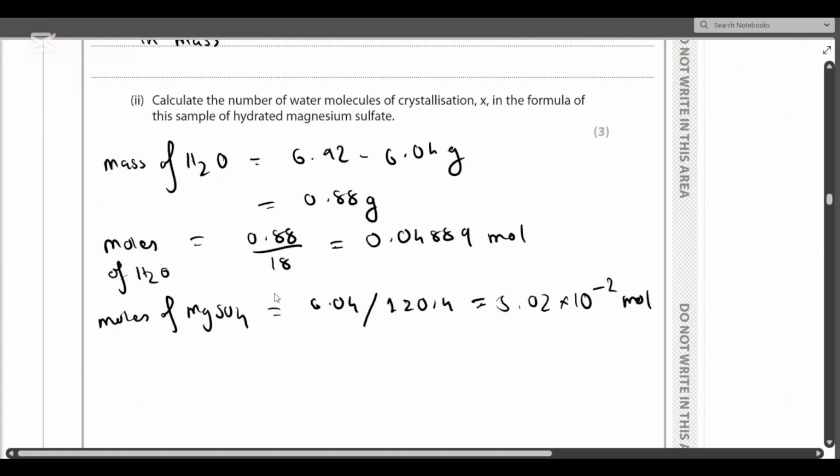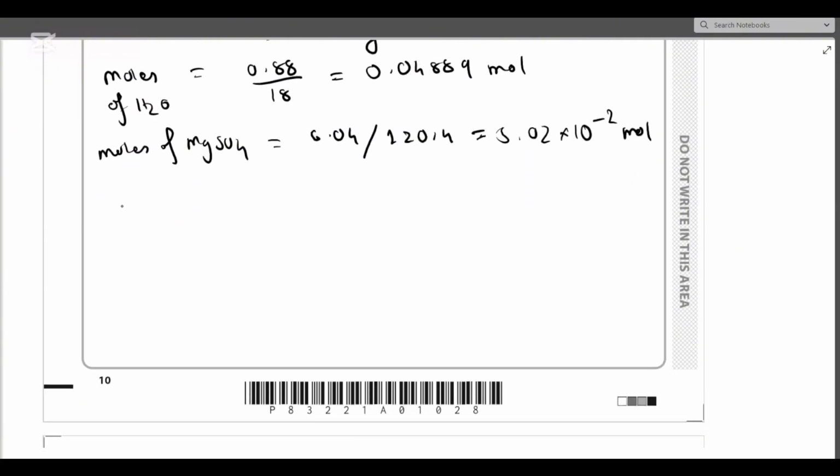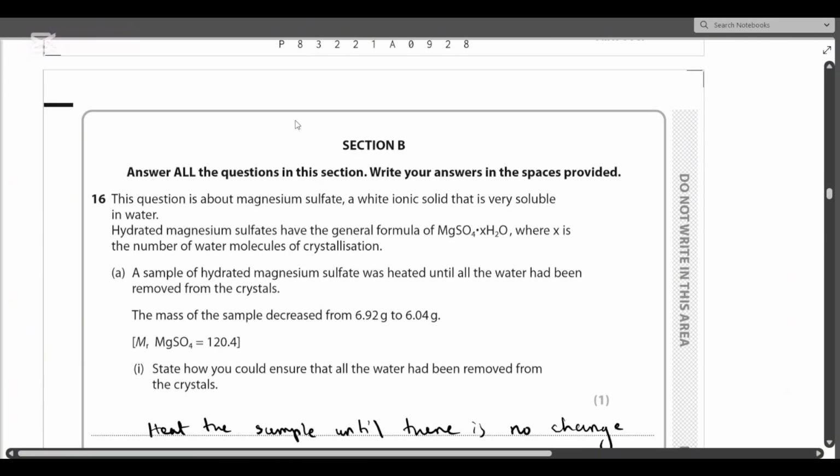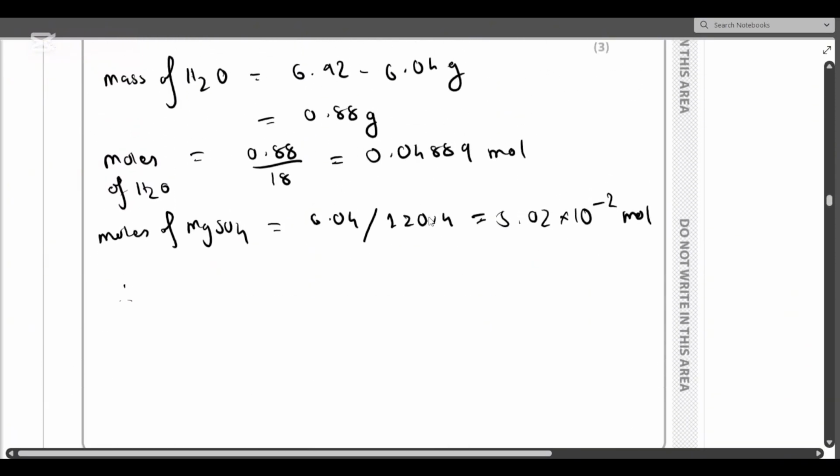So that's the moles of magnesium sulfate. Moving on, we can just use the ratio, 1:1 ratio basically. Why 1:1 ratio? Because we can clearly see that when the magnesium sulfate is heated, the product and the reactant side have a 1:1 ratio. So we can just easily divide it off.